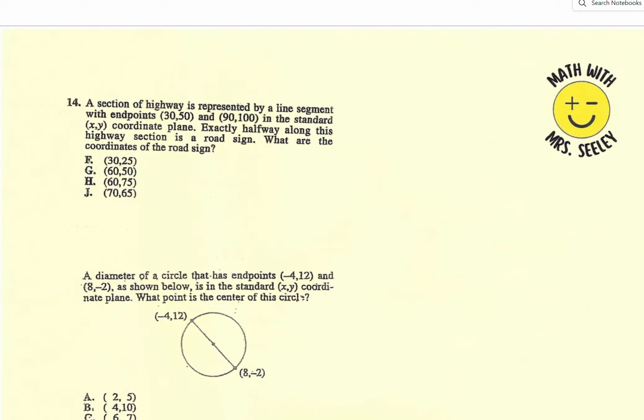Let's look at the next one. Here's the way they ask it in a word type problem. A section of the highway is represented by a line segment with endpoints (30, 50) and (90, 100) in the standard coordinate plane. Exactly halfway, so there's that middle part, along the highway section is a road sign. What are the coordinates of that road sign? So I want the middle. So take your two x's, let's add those up, 30 plus 90, and divide that in half.